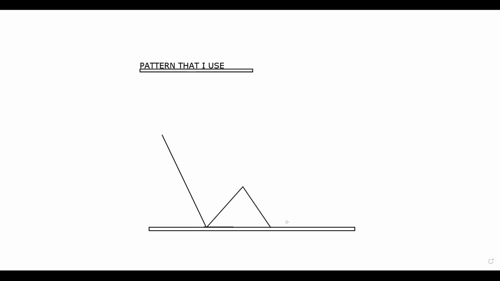So here you're gonna enter your buy here, and then you're gonna put your stop loss here. Then your take profit will be here. So here it's your SL, entry. This is your take profit.